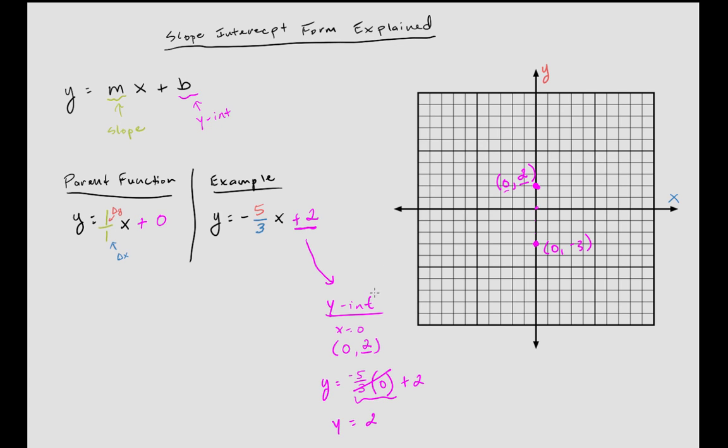And then the slope is going to tell us the directions. Without getting into too much detail here, the idea is that this top term here is going to make us go 5 times faster in the y direction. Looking at our parent function, we normally go up 1 and over 1.